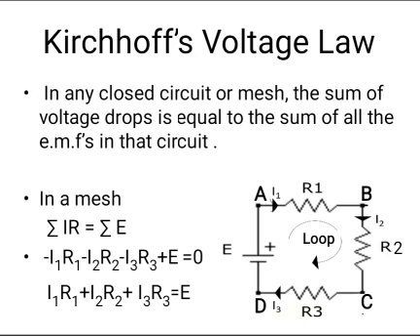So minus I1 into R1, minus I2 into R2, minus I3 into R3, plus E, because the rise in potential in the voltage source from negative to positive is taken as positive, equals 0. Therefore, I1 into R1 plus I2 into R2 plus I3 into R3 equals E.